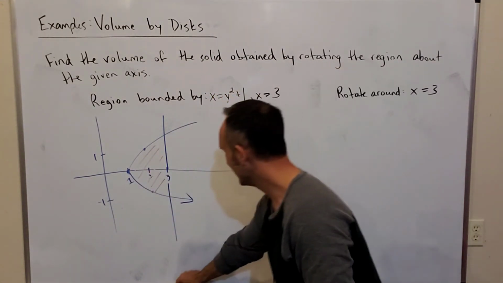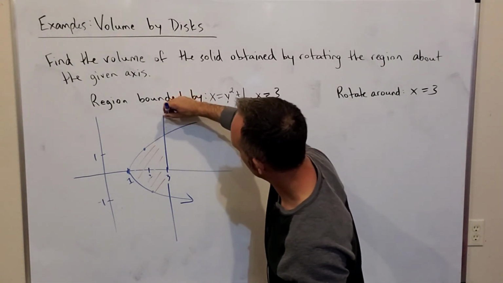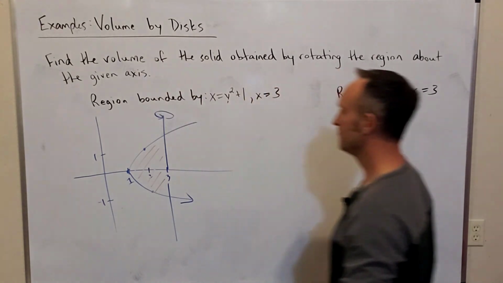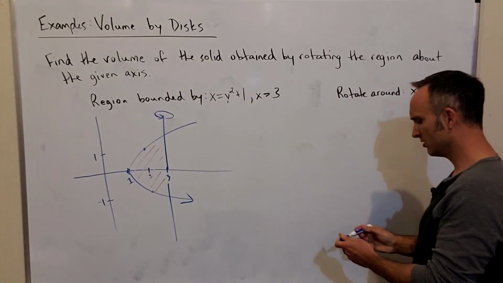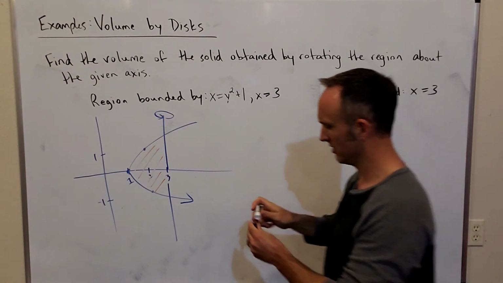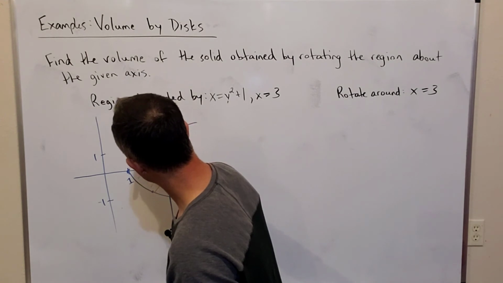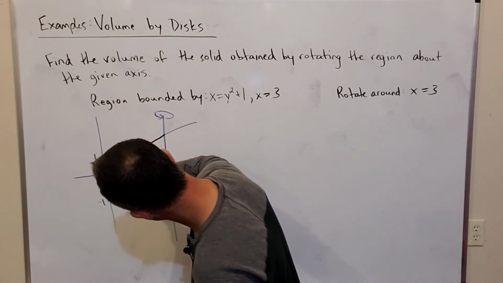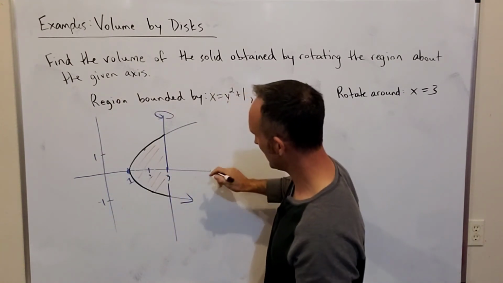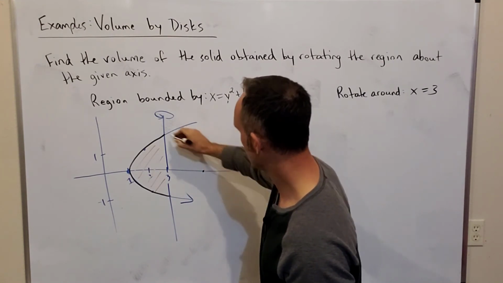And we're rotating it around the line x equals 3. Okay? So let's see if we can draw the solid and look at a disk. So now I need a mirror image of this curve over here. So maybe it goes out to there.